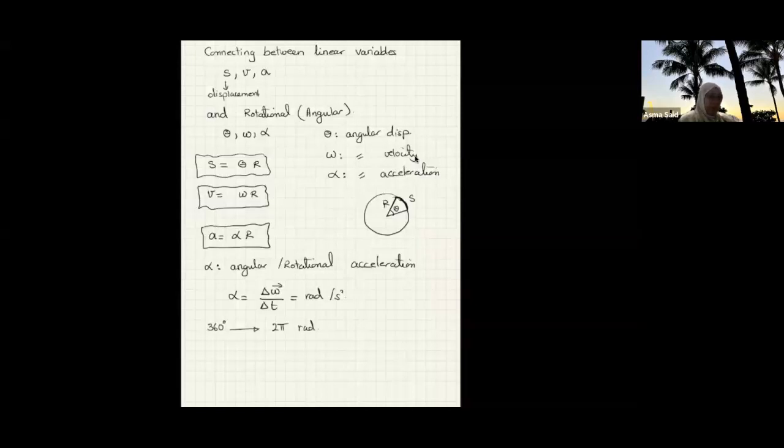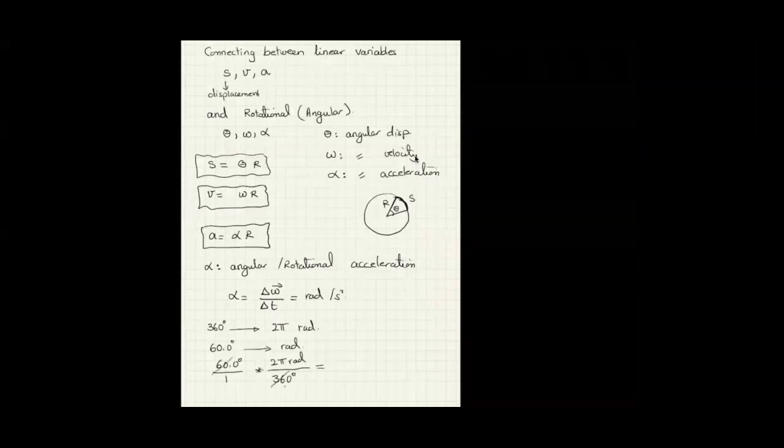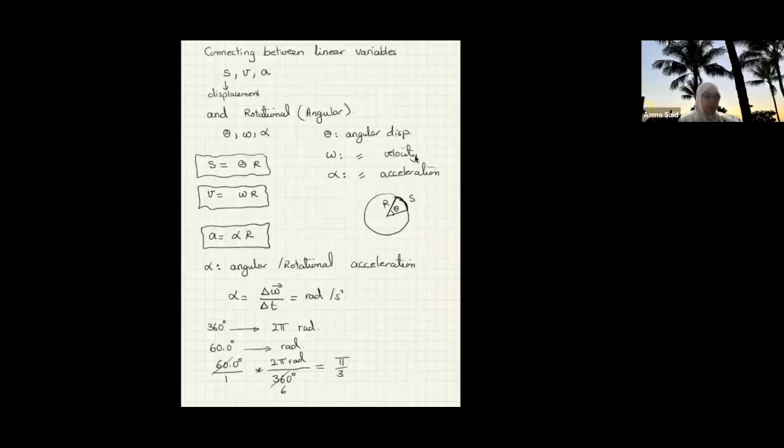Then, for example, if I have 60 degrees and I want to change to radians, I will say 60 degrees times 2 pi radians over 360 degrees. Now 60 over 360 is 1 over 6, so it is going to be pi over 3 radians.